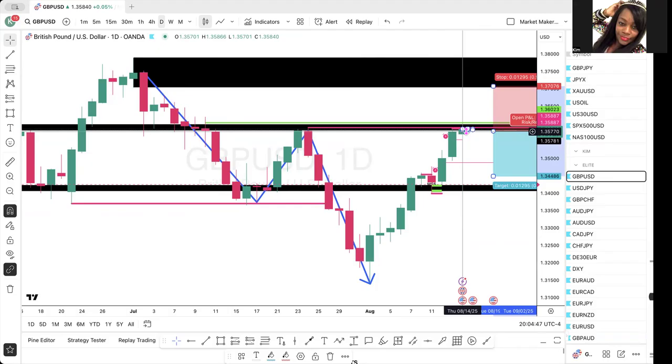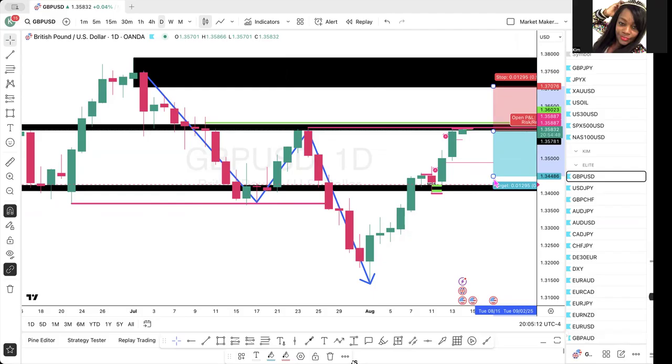Once I get the market structure shift, I'm setting the limit. You just got to know your structure. You got to know price. If price doesn't close above here and then gives you a shift in structure, I know for a fact, I will put the money on it.